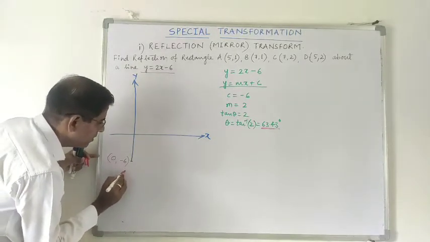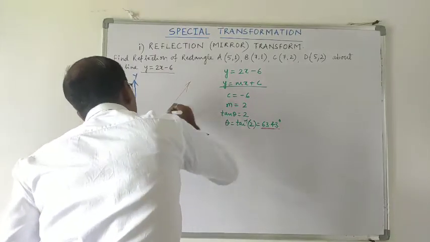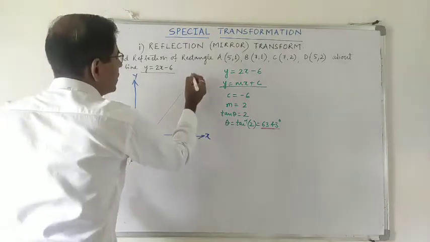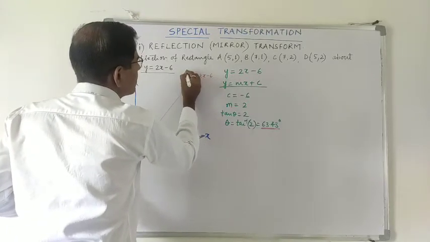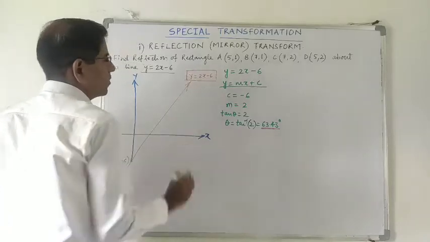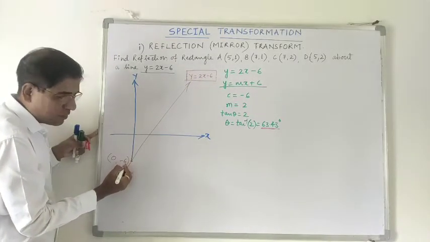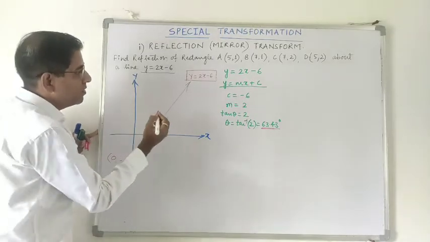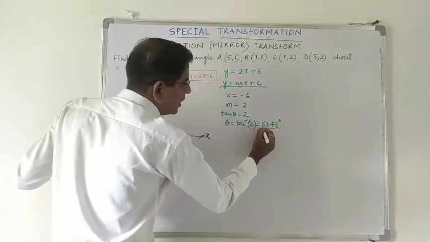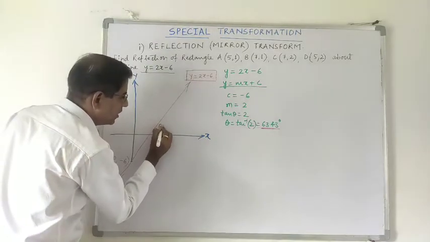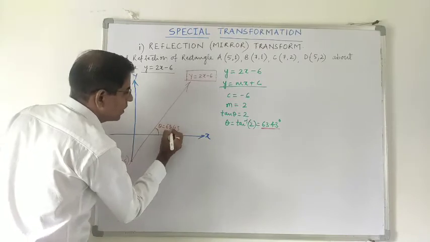That means this is the line y equal to 2x minus 6. Minus 6 is nothing but the y-intercept, and the inclination of this line is theta equal to 63.43.